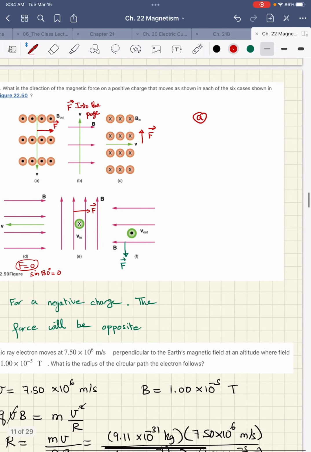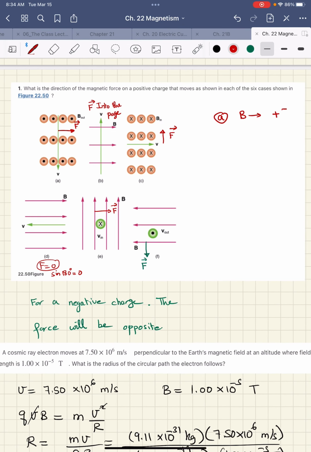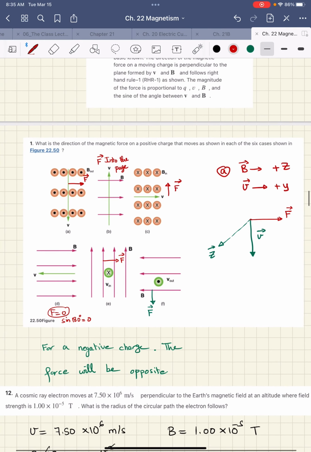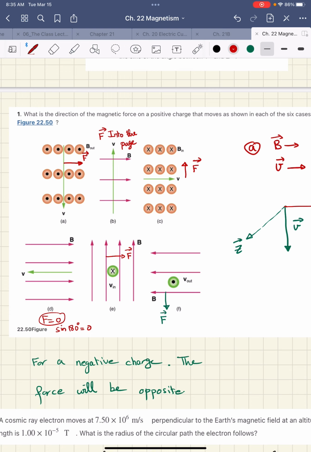Here, B, the magnetic field, is along plus Z, and V is along plus Y. Of course, you can see Z is towards you and Y is down, and then you're going to find that the force should be in this direction so that it is perpendicular to the plane of both.